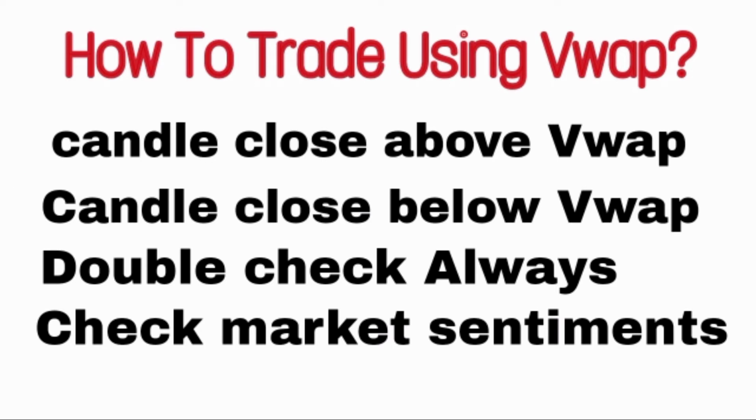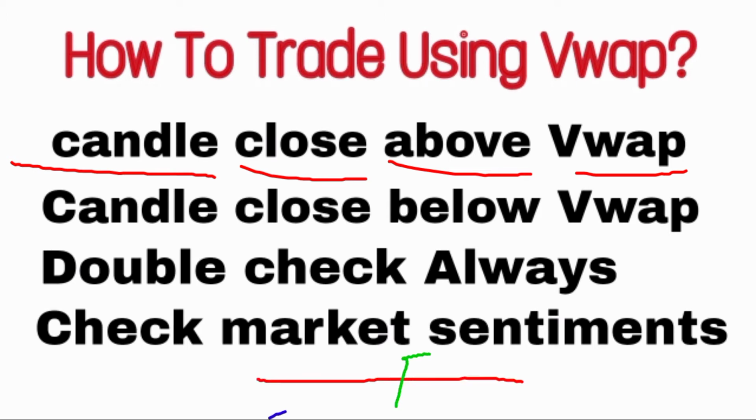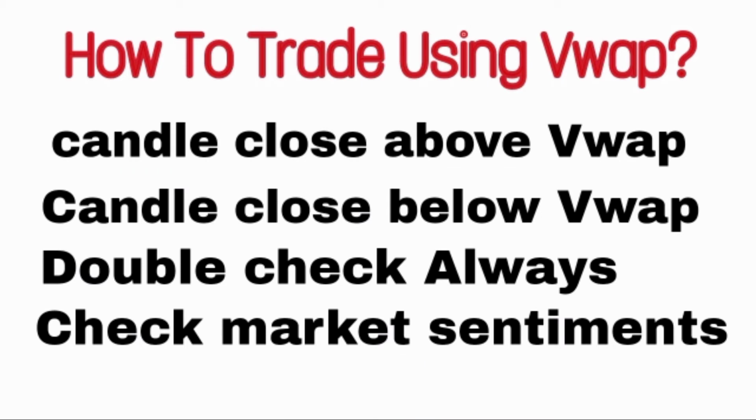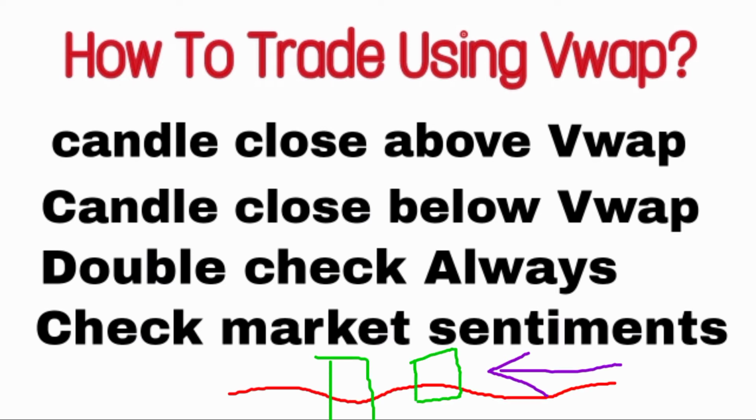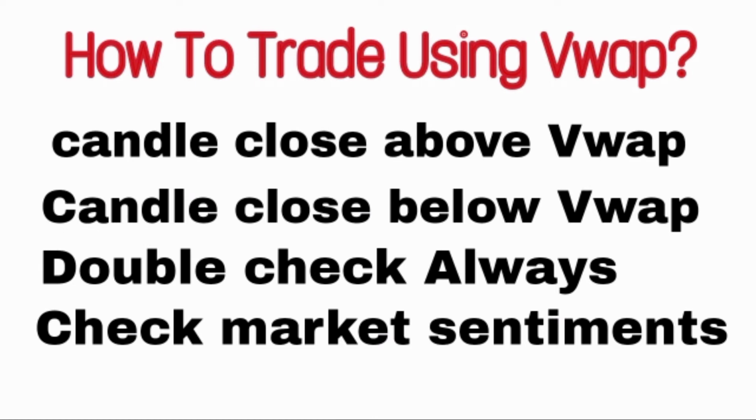If we are going for a buy trade, we will wait for the 15-minute candle to close above the VWAP line. I will repeat it one more time. If we are going for a buy trade, we will wait for the 15-minute candle to close above the VWAP line. Once the candle closes above the VWAP line, we will enter into the next candle with our buy position.